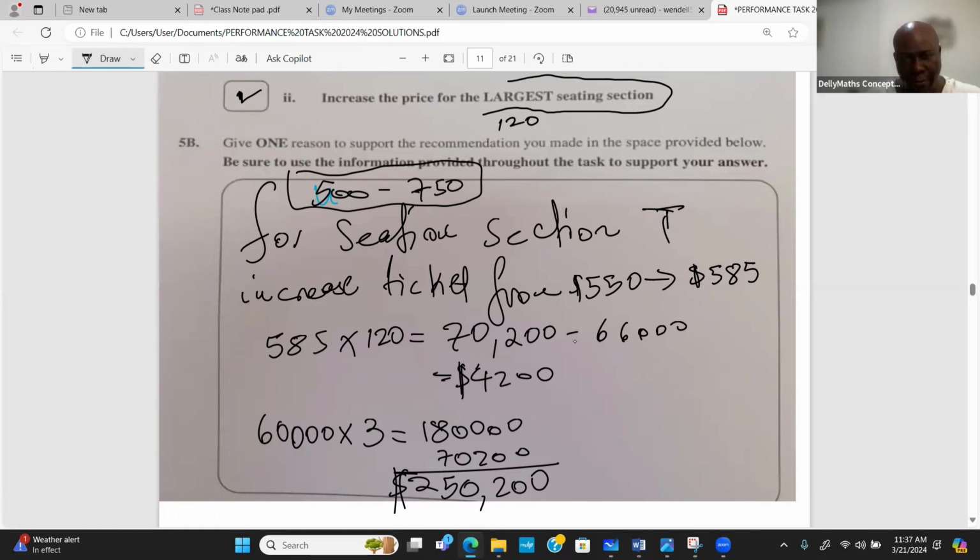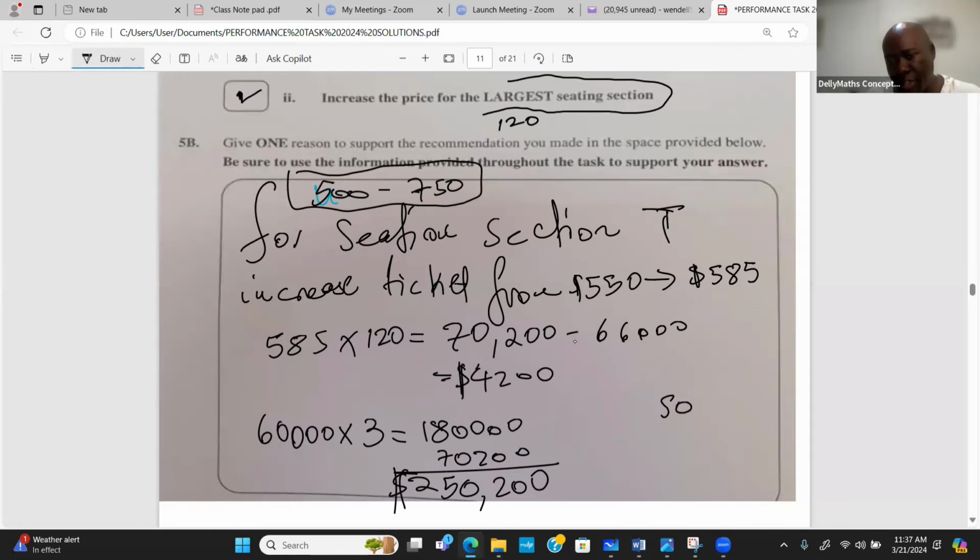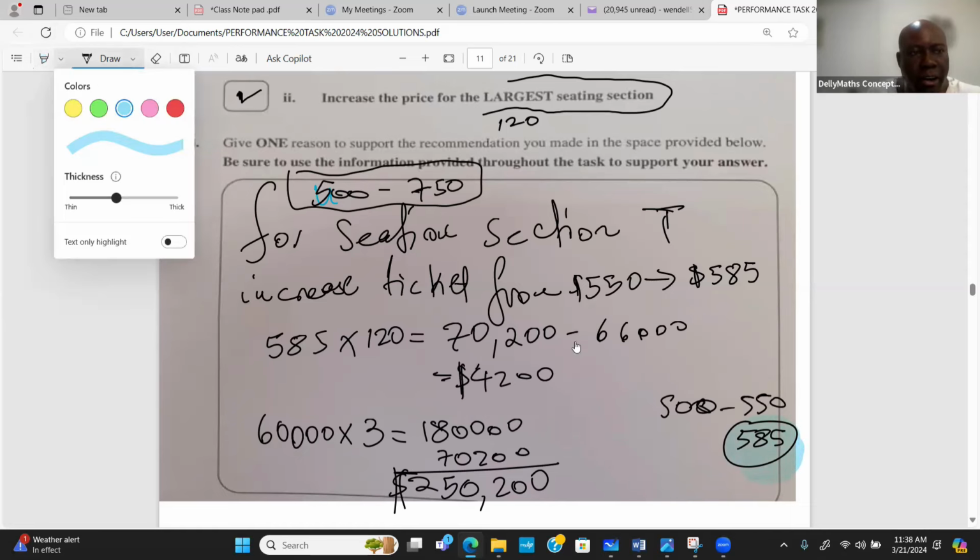But if you push up the one that moved from 500 to 550, and put it to 585, it still doesn't look too bad. It is still going to be the cheapest, because the others will be 600 and 750. So we still will have a lot of people coming to sit in this section, and they still will feel like they're gaining.